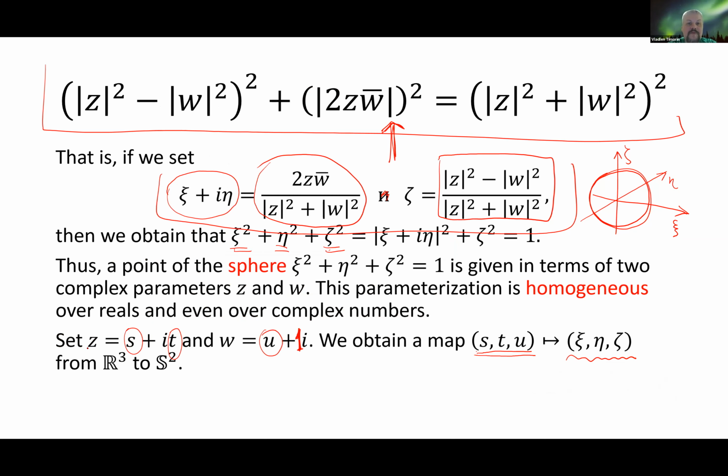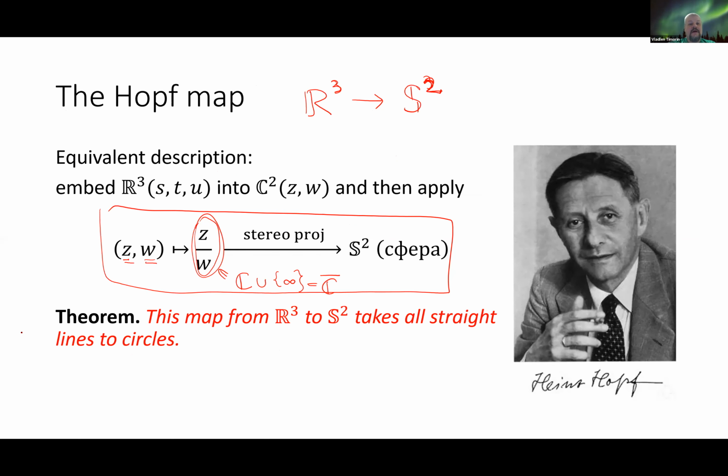We, of course, observed that if we multiply z and w by the same complex number, then we get the same result. Therefore, things should depend just on the ratio, but somehow that wasn't very explicit there. And here we see that this is just the ratio plus the stereographic projection. I will comment on stereographic projection on the next slide.